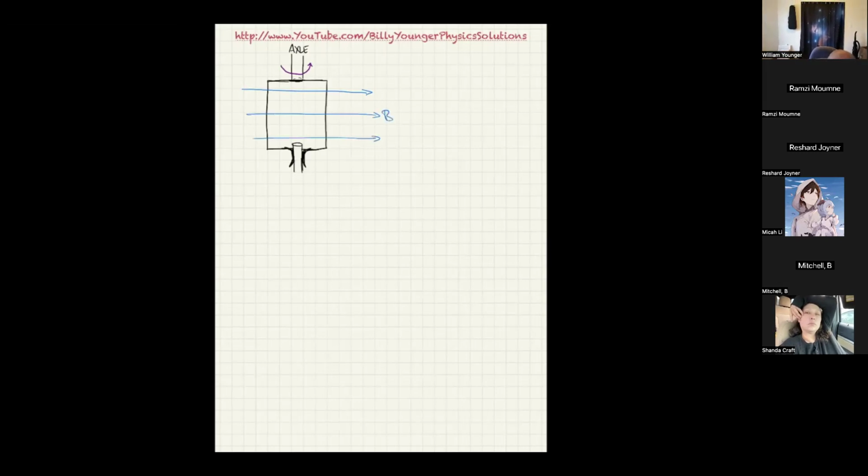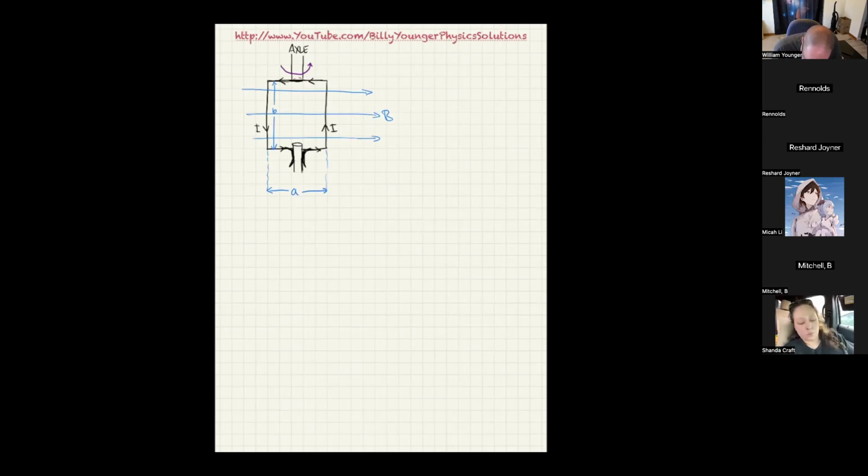And I am going to say that this width right here is going to be A, and this width right here is going to be B. And not only that, I'm going to imagine that there's a current I in this wire that runs around that way, that way, that way, that way, back down here, and in fact from here it goes out, and from here is where it came from.